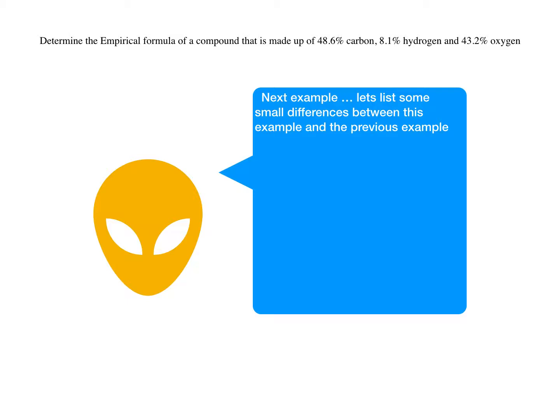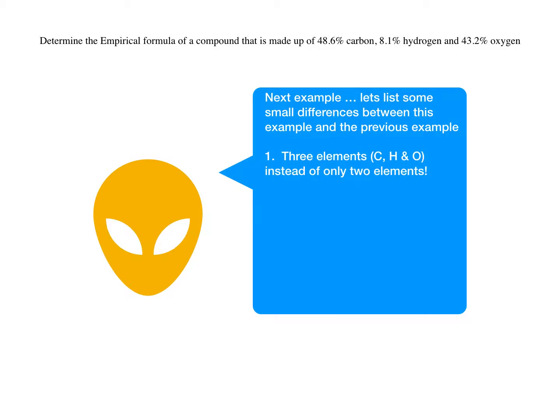As we read through this problem, you should realize that there are some small differences compared to the first example. The first thing I notice is that this second example is based on 3 elements, carbon, hydrogen, and oxygen, instead of only 2. The other major thing is that the starting quantities are given as percents instead of mass, which is pretty common when given empirical data.